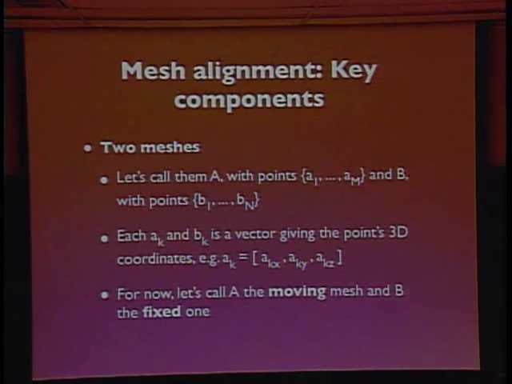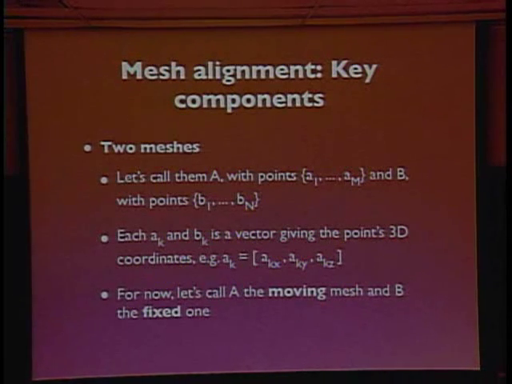So here are the key components of this problem. Let's say we start with two surfaces. By the way, anytime you see the word mesh, it's synonymous with the word surface, at least in my usage. Usually what happens is that you collect data off of a scanner, and the form that it comes in is a set of three-dimensional surface coordinates, XYZ, XYZ, XYZ, and these are connected to each other by edges to form a discrete representation of a surface.